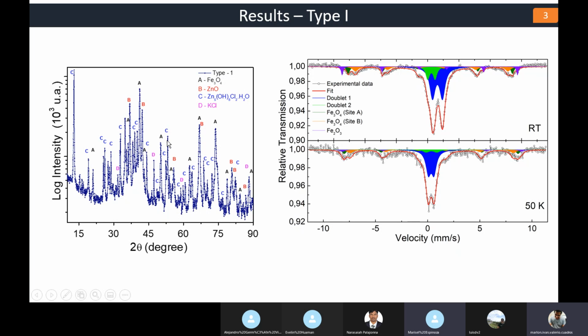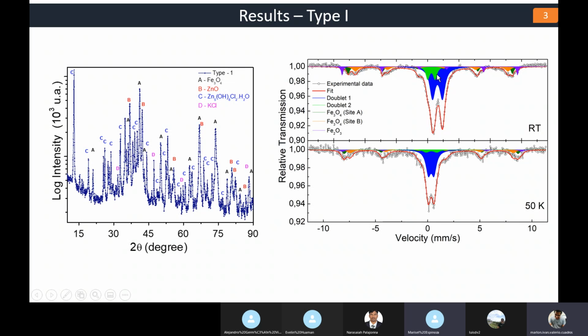We also identified another crystallographic compound. But when we measured Mössbauer, it revealed not only magnetite as the principal phase, but also two doublets.